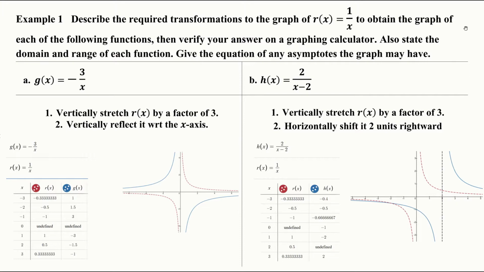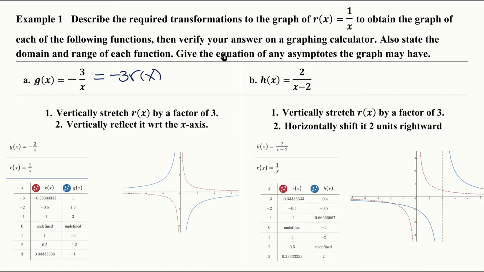We can actually write the relationship between g of x and r of x by realizing that g of x is equal to -3 times r of x, right?